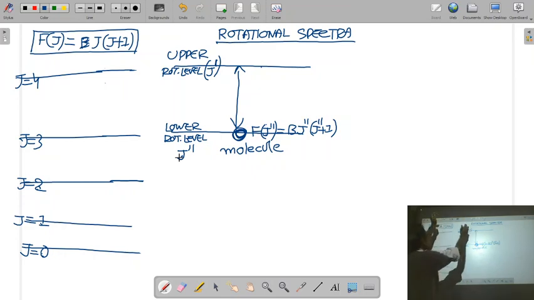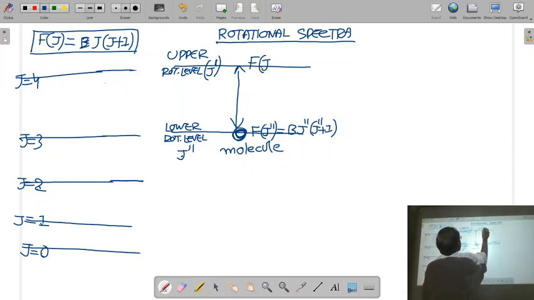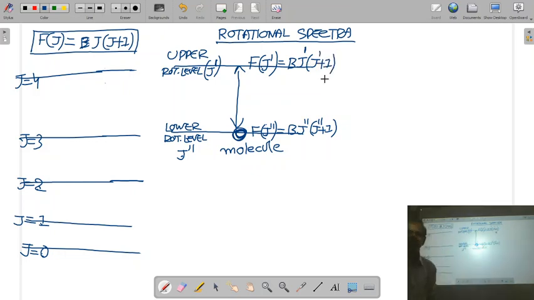In the upper level, the rotational quantum number is J dash. So the rotational wave number in the upper level will be F(J dash), that is B J dash (J dash plus 1). Instead of J, you put J dash. So we have considered two rotational levels.